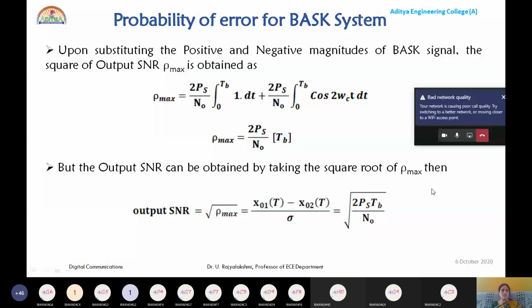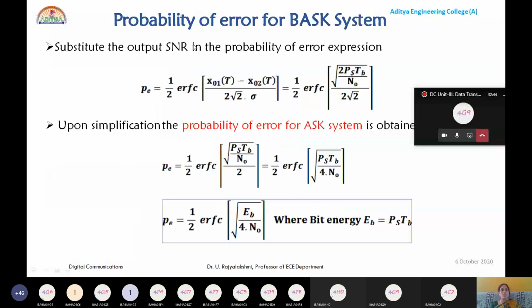Let us move to the next slide. Now substitute the output SNR value, which we obtained as root 2Ps into Tb divided by N naught, whole divided by 2 root 2 sigma. If you substitute here, you will have an extra value, that is 2 root 2.